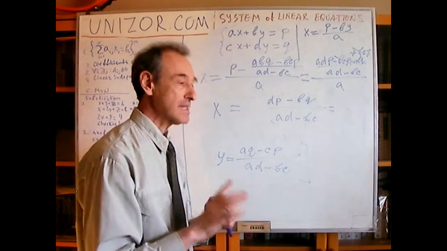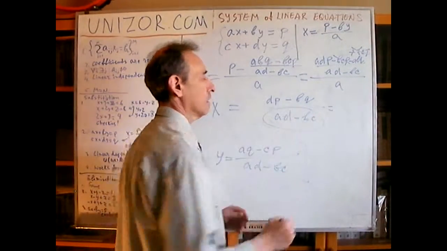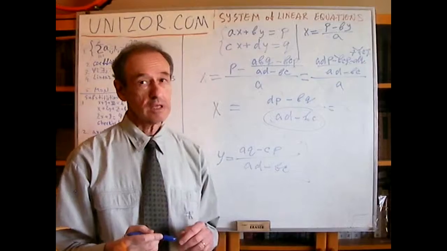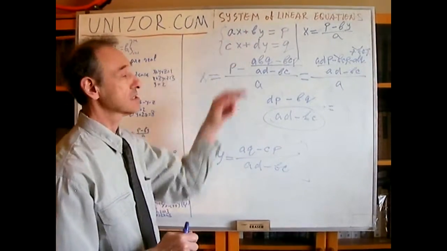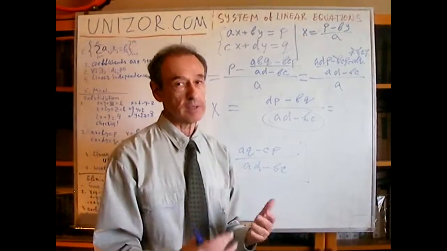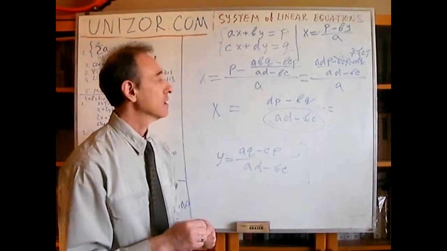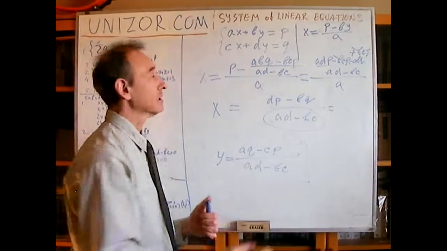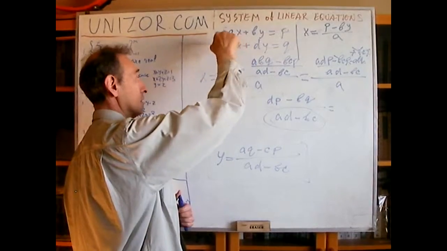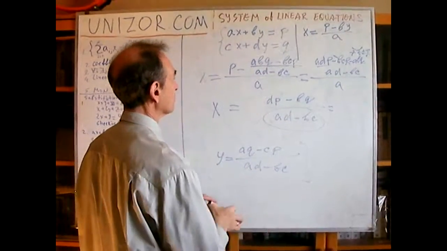So my statement right now is that this particular denominator, being or not being equal to 0, actually means that this system is or is not linearly dependent, linearly independent. So if this is not equal to 0, this is linearly independent. And if this is linearly dependent, then this is equal to 0. Now, I can actually very easily prove it.